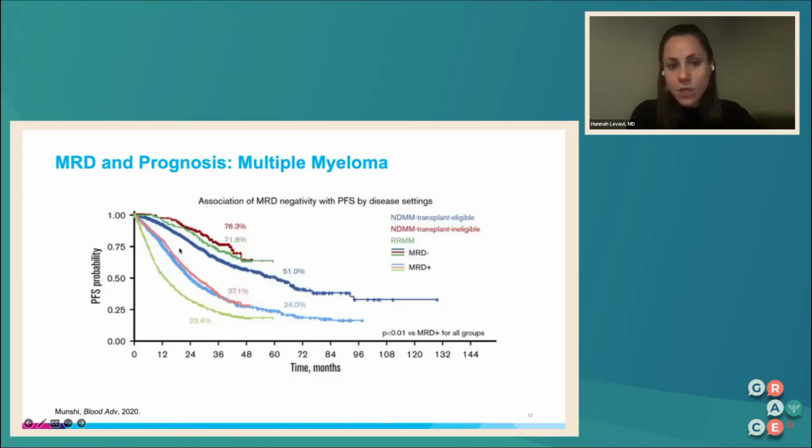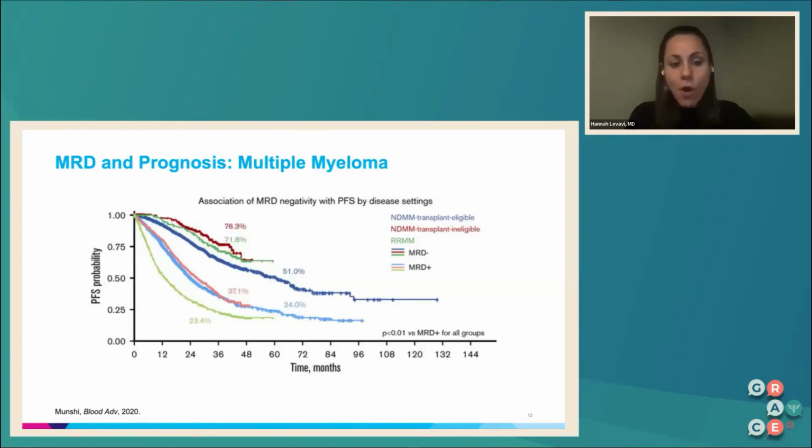These three curves in the darker colors all achieved MRD negativity, and it didn't matter whether it was a newly diagnosed patient who was transplant eligible, whether they were transplant ineligible, or whether they were relapsed. If they achieved MRD negativity, they did much better than those who did not achieve MRD negativity, even in all of those different disease categories. So the achievement of MRD negativity really matters across different patient types with multiple myeloma.